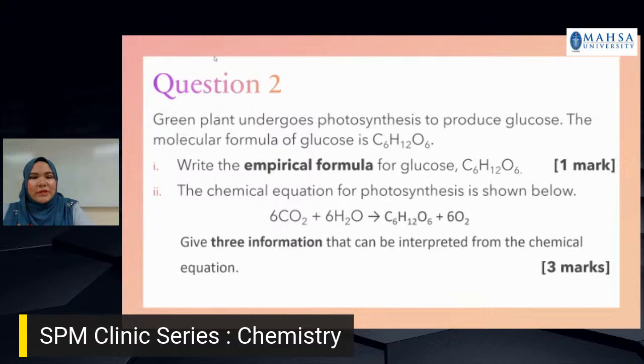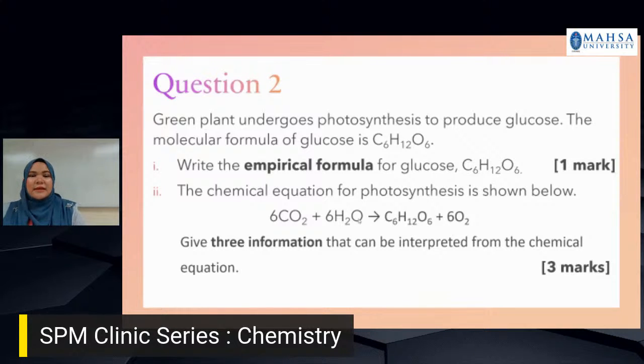So the next question is: the chemical equation for photosynthesis is shown below. So this is the information that you can get from the question. And then the question asks what information you can get from this particular chemical reaction. Okay, so the first information that you can get from here is 6 moles of carbon dioxide react with 6 moles of H2O. So that will be the first information.